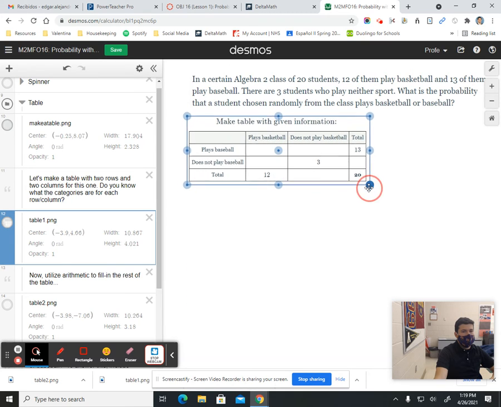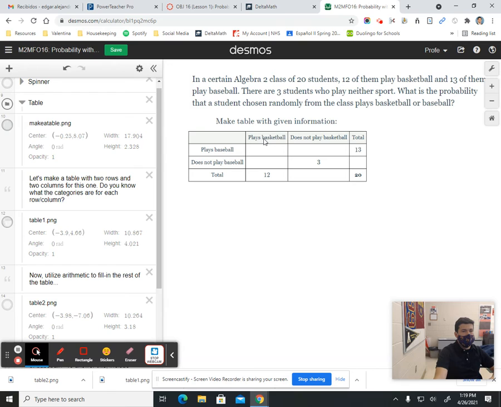I'm going to organize by students who play basketball or do not play basketball versus students who play baseball or do not play baseball. I know 3 of them don't play either. I know 12 students play basketball, and 13 students play baseball. So I put these numbers in the totals column.